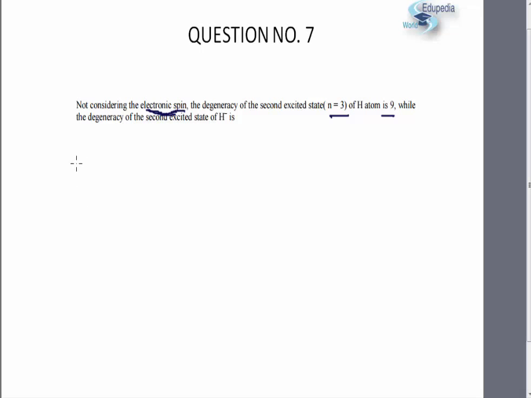orbitals. Now, H atom, that is your hydrogen atom, is a single electron system, okay? And in case of single electron systems, if you happen to read NCERT, it has been given in one small line over there.